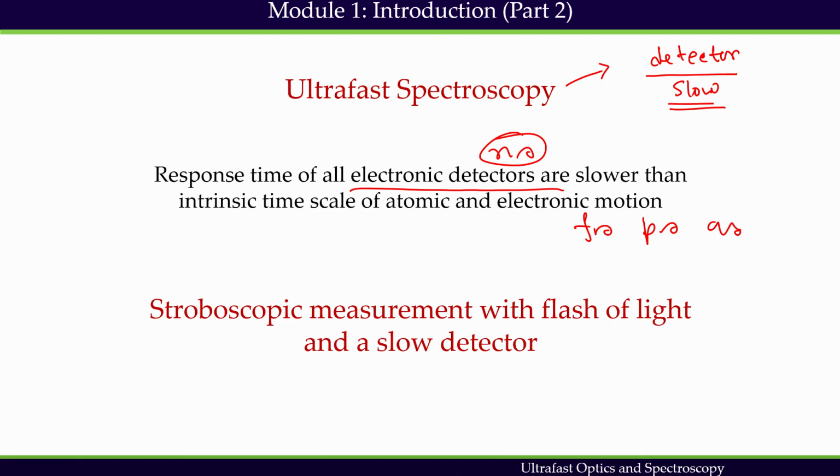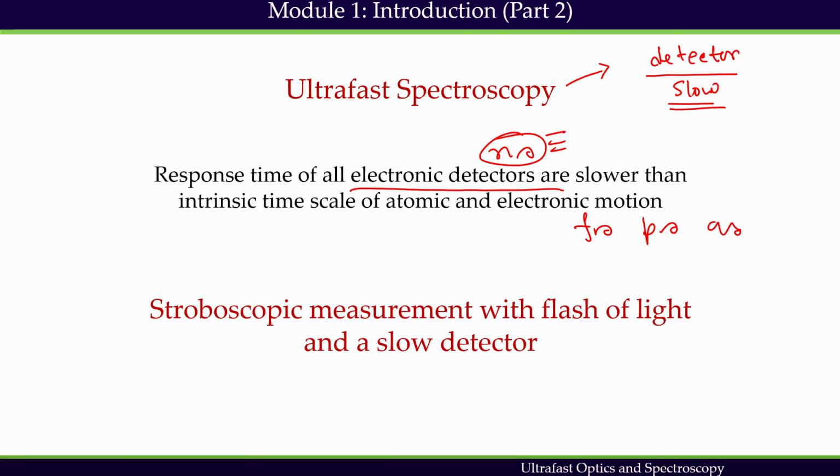What is the typical response time of the fastest time sensitive detectors which we have? All modern time sensitive optical detectors, such as photodiode, photomultiplier tube, power meter, CCD camera, all of them measure voltage or current using electronics, and the response time of the fastest electronics is a few nanoseconds, or if it is the best electronics, then I can have several hundred picoseconds, that's all.